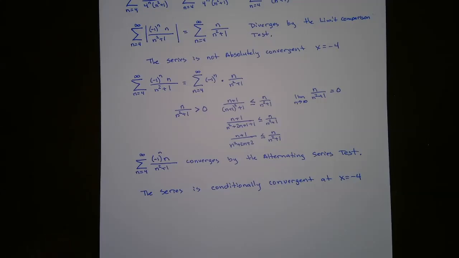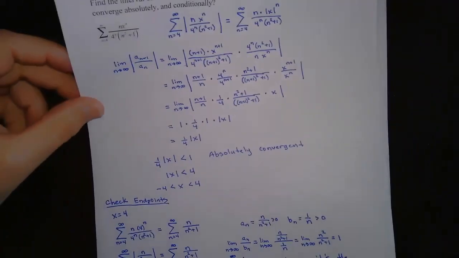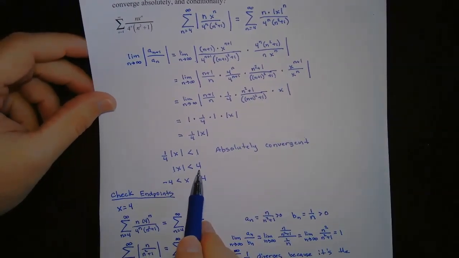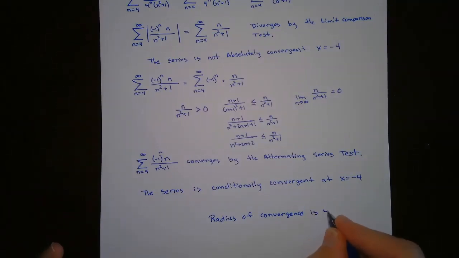So from the very get-go, and I'm going to write all these out, we have the radius of convergence. Let me grab my paper. Okay, the radius of convergence is 4. We now have the interval of convergence.